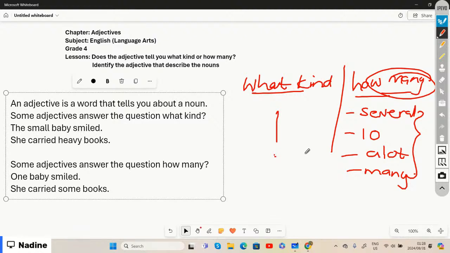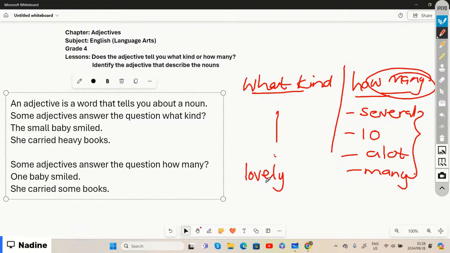So if you say that she's got a lovely dress on, then lovely is our adjective that tells us what kind, because now we are describing the dress. If we say that she's got a black dress on, then black describes the dress. Heavy books, heavy describes the books.